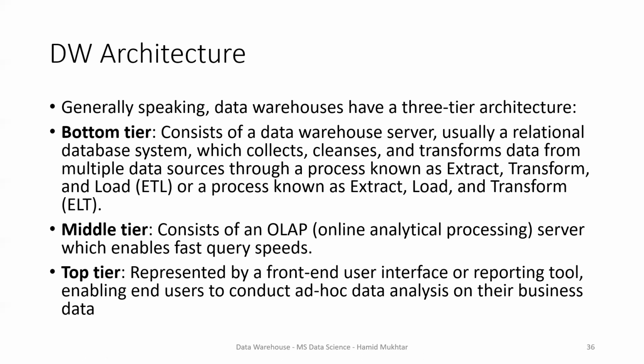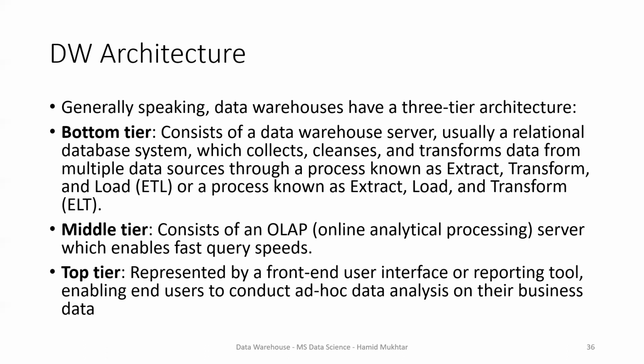Then the middle tier consists of an OLAP, online analytical processing, server. This is another server which enables fast query speeds. So the first tier is about storage, the second one about querying and analysis. And the top tier is about a front-end user interface or reporting tool, which enables end users to conduct ad hoc data analysis on their business data.